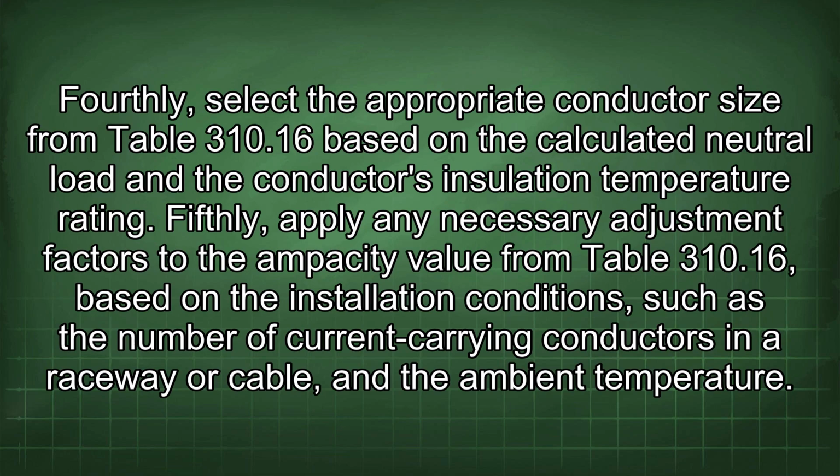Fourthly, select the appropriate conductor size from Table 310.16 based on the calculated neutral load and the conductor's insulation temperature rating. Fifthly, apply any necessary adjustment factors to the ampacity value from Table 310.16 based on the installation conditions, such as the number of current carrying conductors in a raceway or cable and the ambient temperature.